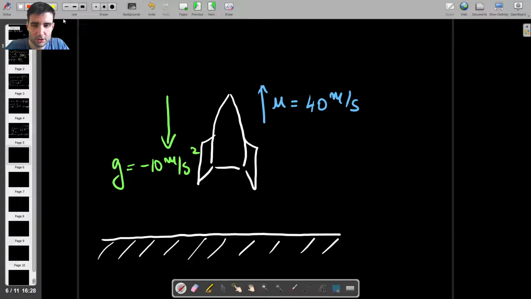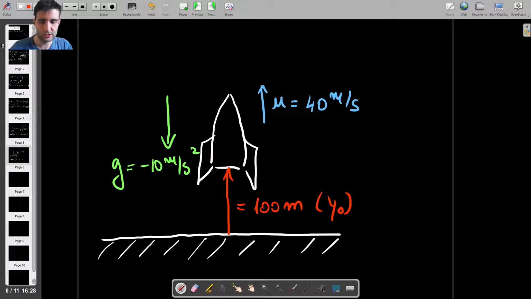So let's try to find what is the SUVAT equation for the rocket from this moment. So we know this height as well, actually. This height was found in part B, I believe, which is 100 meters. Okay, I'm going to call this y0. It's a different y0 than the previous one. So this is the height at which the fuel runs out.